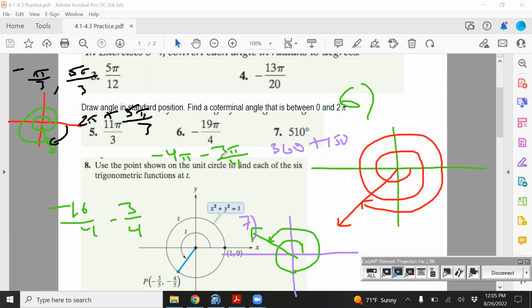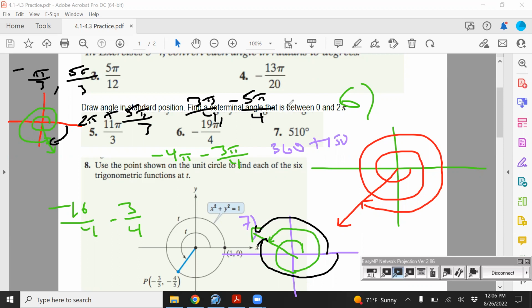For this one, I'm going to say 3 pi over 4. Or if I go the other direction, negative 5 pi over 4. What you could do if you so desire is add 2 pi or subtract 2 pi. It's up to you. But yeah, that's what's happening there.